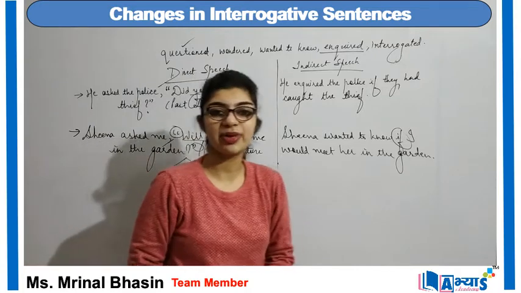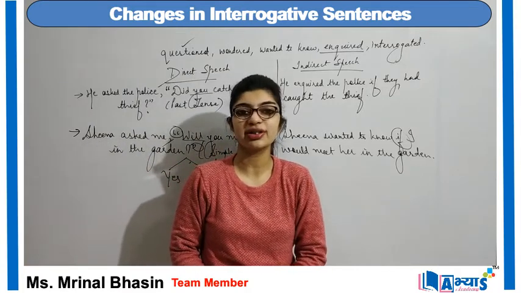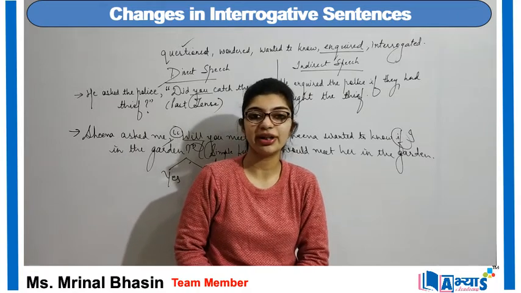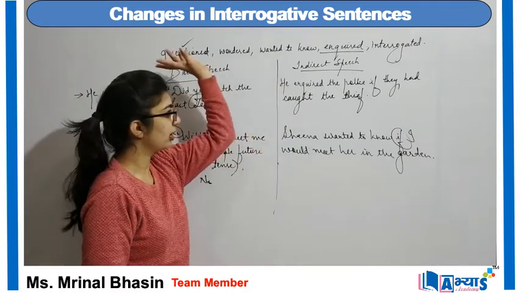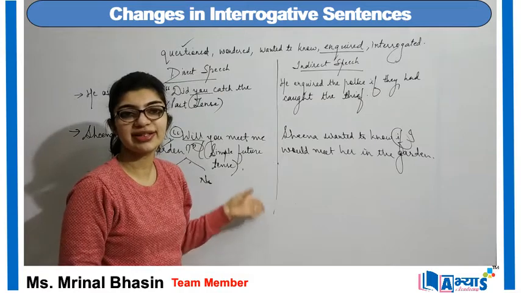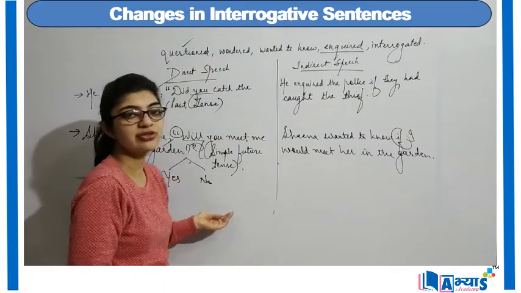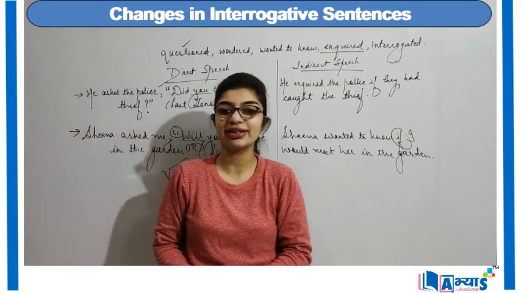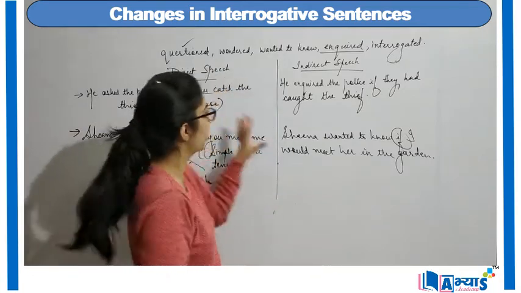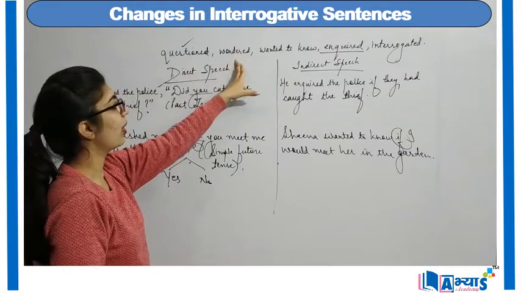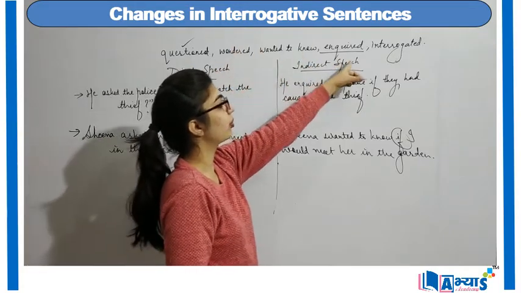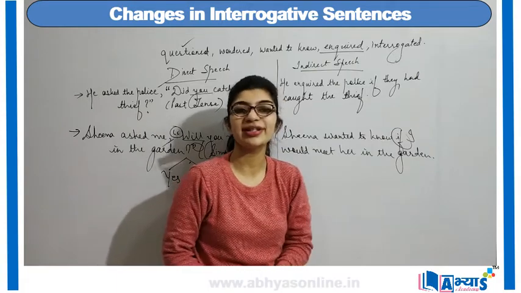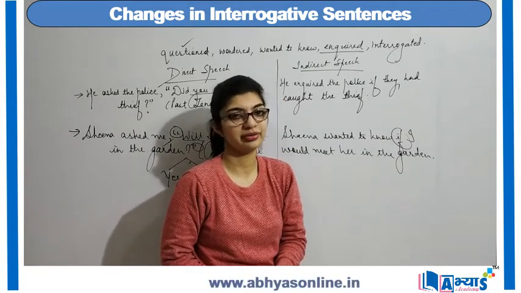So, in this video, we understood the concept of direct speech and indirect speech while converting the interrogative sentences from direct speech to indirect speech. Then we also learned that in these cases we make use of words like question, wonder, wanted to know, inquired, interrogative instead of told or said or commanded, right?